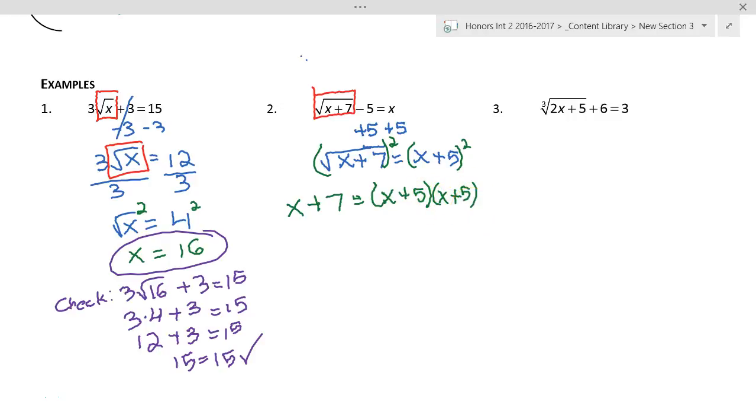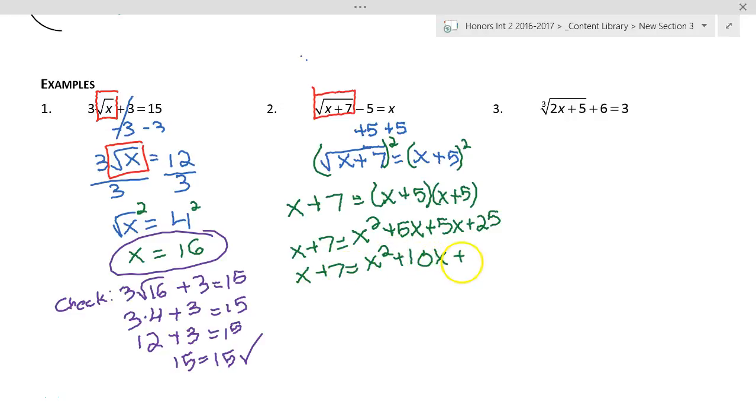Squaring this, I get x squared plus 5x plus 5x plus 25, so x plus 7 equals x squared plus 10x plus 25.